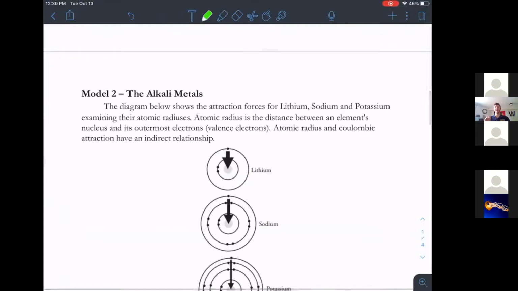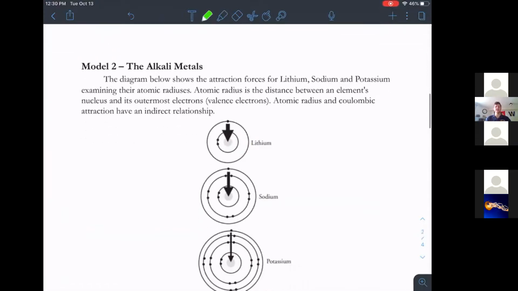So now for the next 2 pages, because you're going to stop after page 3 for today, what you're going to do is use those models to answer the questions. So this one says model 2, the alkali metals. The diagram shows the attraction force for lithium, sodium, and potassium. Determine the atomic radii, or the atomic radius.